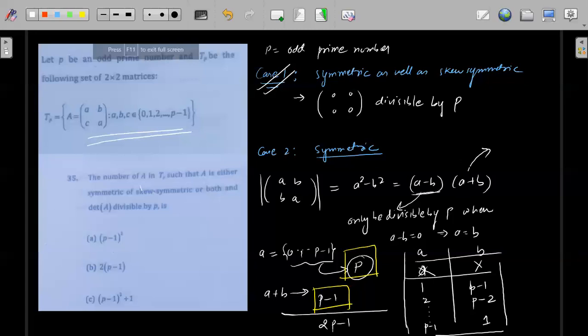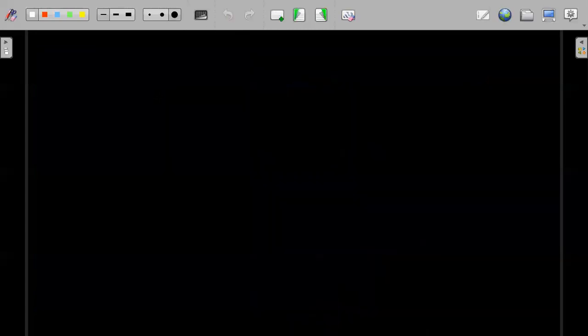Now the last case is when we have a skew symmetric matrix. Case 3 will be skew symmetric.